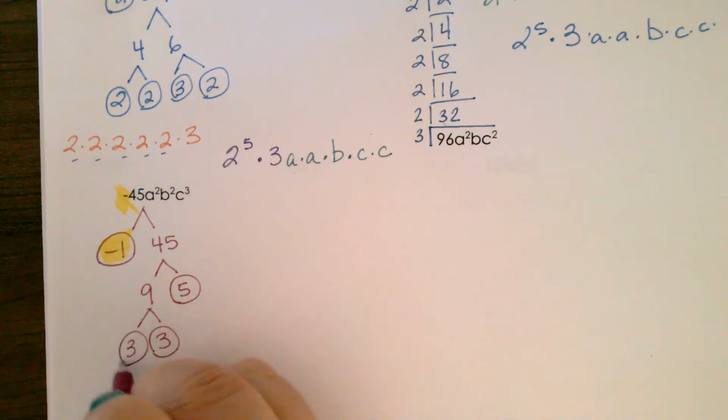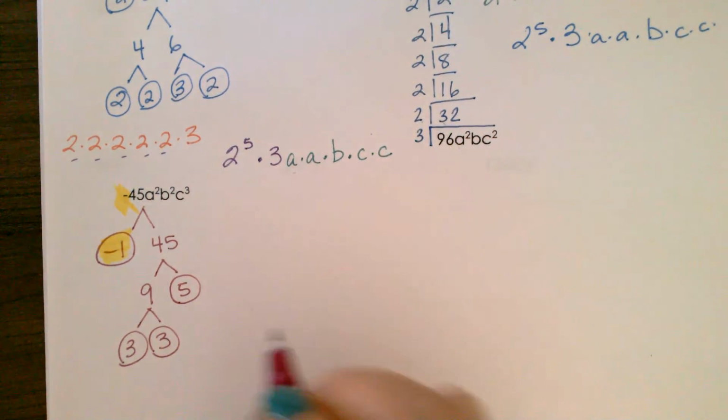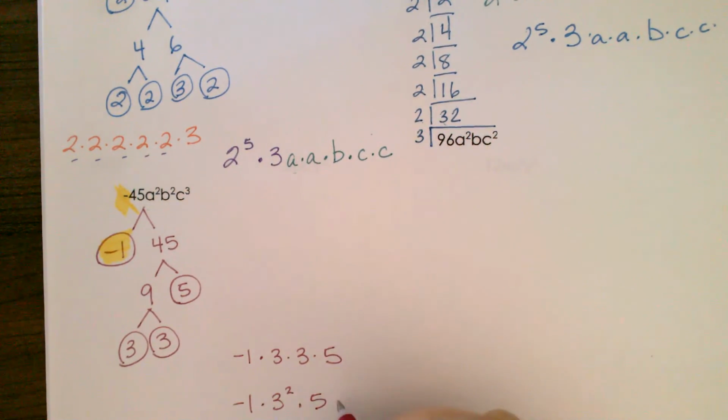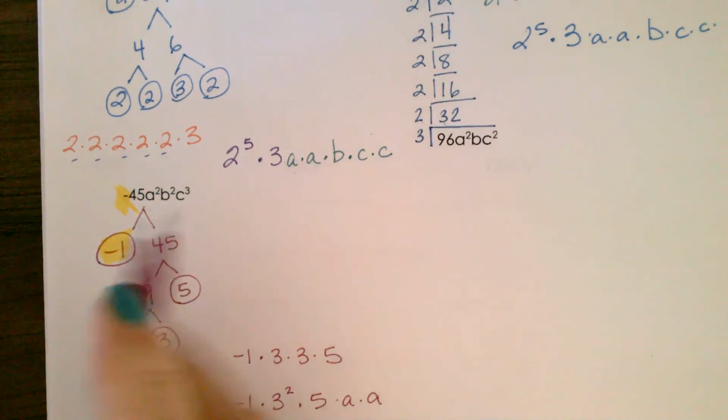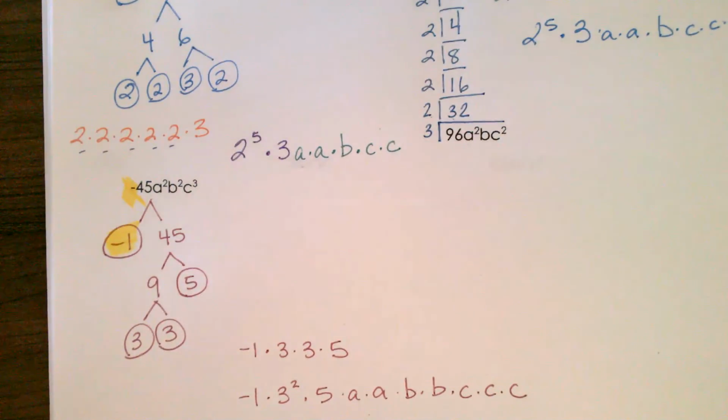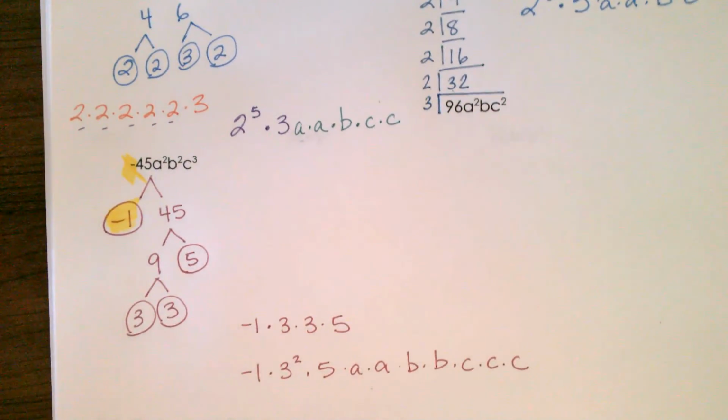They're both prime. So I have -1 times 3 times 3 times 5, which is -1 times 3 squared times 5. Now I need to address the variable, so I would have times A because it was squared, times B, it is squared, times C times C times C because it is cubed.